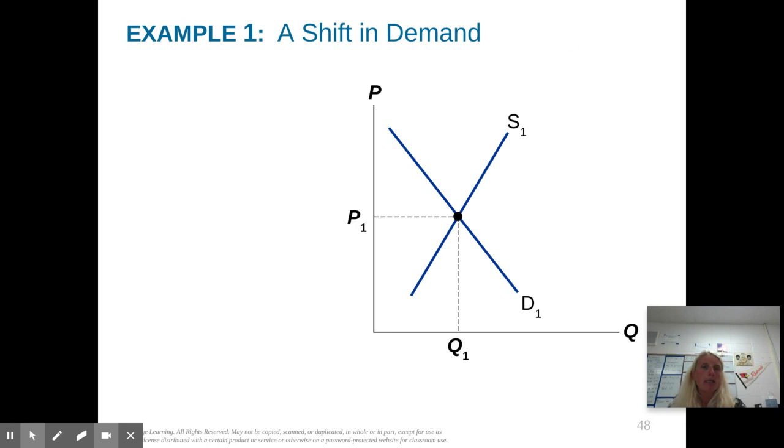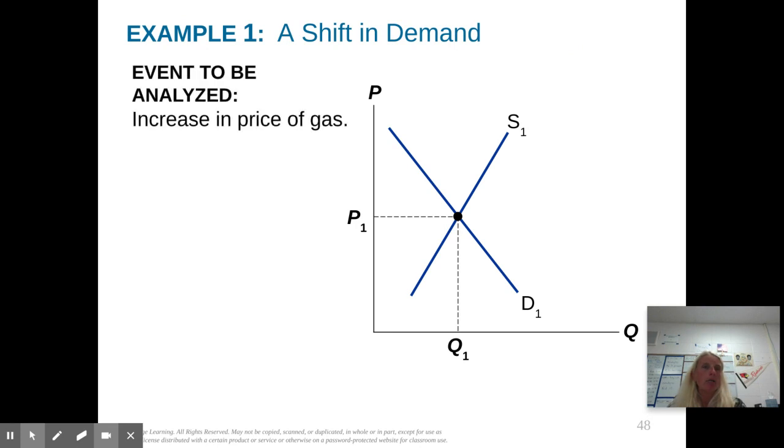So let's say that there's an increase in the price of gas. If you think of TOIS, this will be a shift in demand. As consumers, we are thinking, okay, price of gas, that's not the price of the hybrid cars, it's the price of a good that relates to the hybrid cars. So we realize that the gas is a complement to cars.